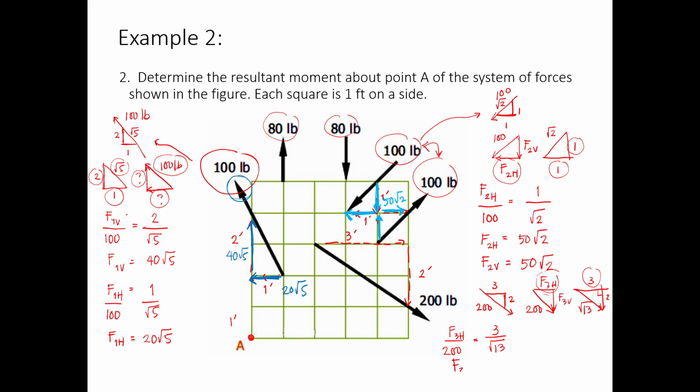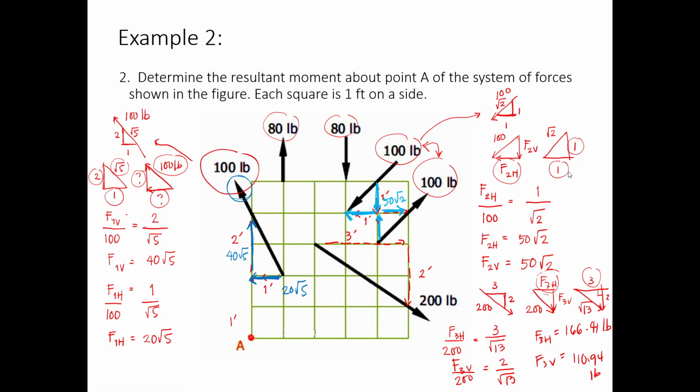For the vertical one, we have F sub 3V over 200 equals 2 all over square root of 13. So F3H is equivalent to 166.41 pounds. Then F3V will be equal to 400 divided by square root of 13, which is 110.94 pounds.